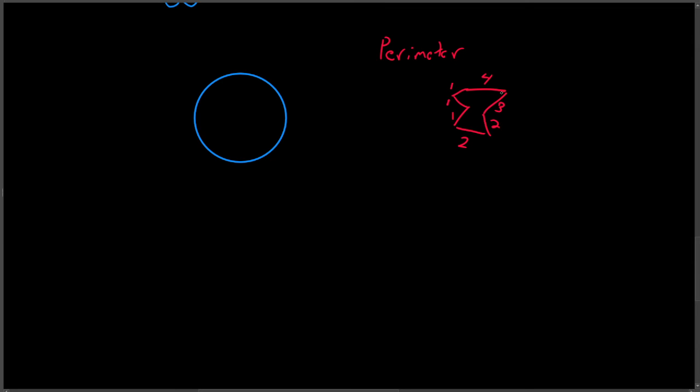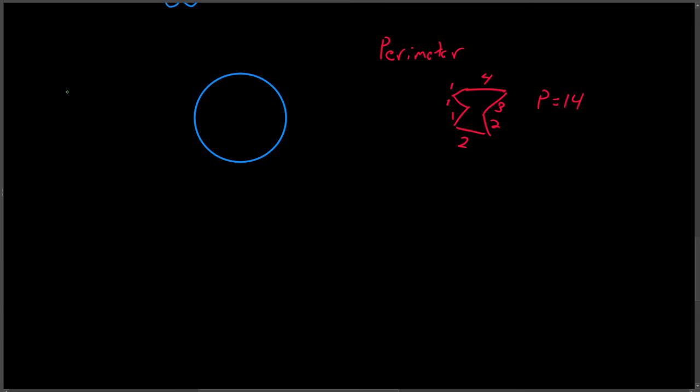It would be how much it would take to walk around the edge. So the perimeter of this polygon would be 1, 2, 3, 5, 7, 10, 14. So this perimeter is 14, whatever our units are.